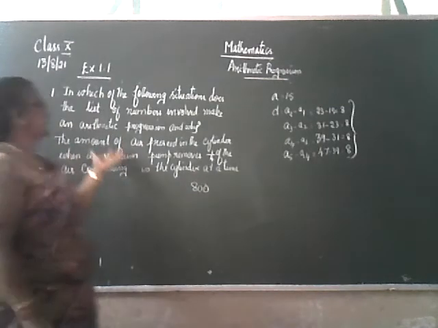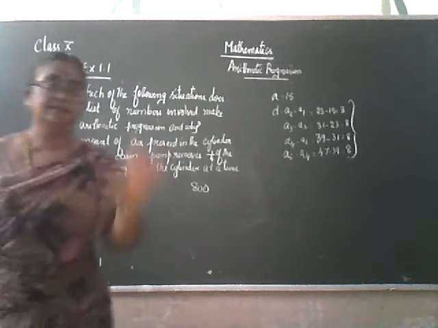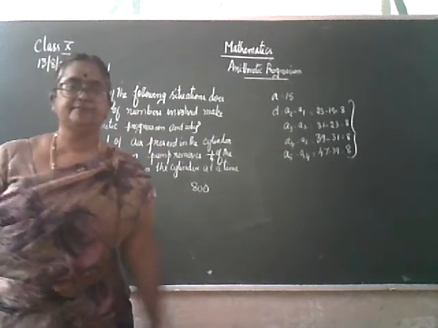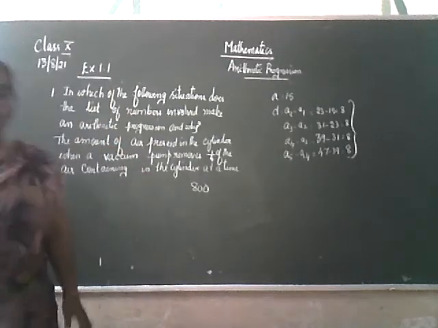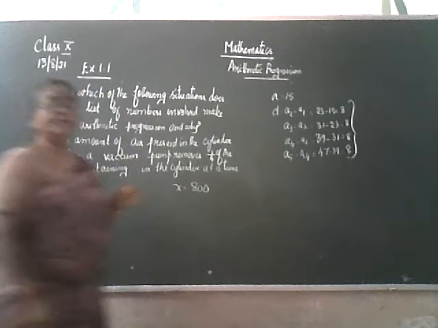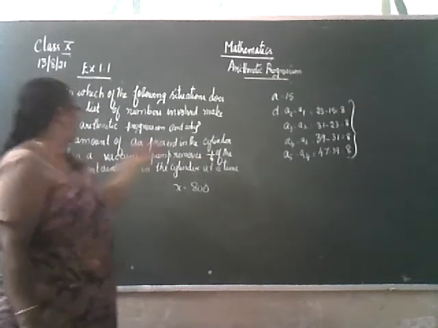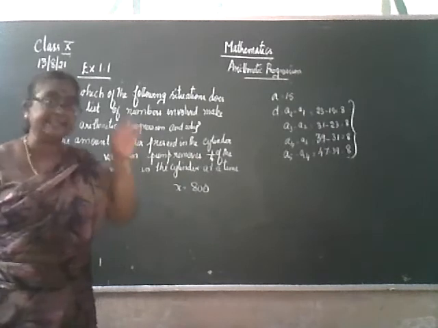Let us consider the amount of air present in the cylinder when a vacuum pump is 800. Let us consider, so here X is 800. Each time it removes 1/4 of the air contained in the cylinder.